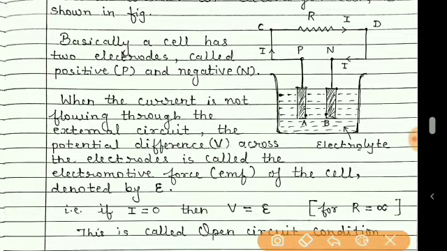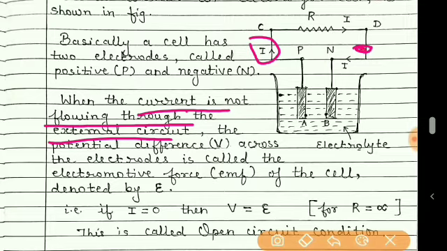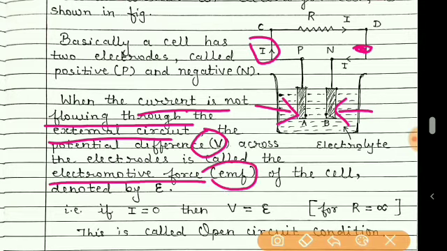Now suppose students, when the current is not flowing through the external circuit, means here this current I is 0. In short, we can say that if there is some switch here and that switch is off, current is not flowing. In that case, the potential difference across these two electrodes, V, is nothing but the electromotive force, EMF, of the cell.